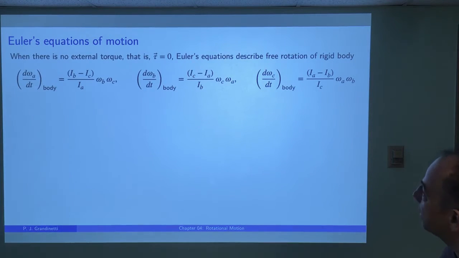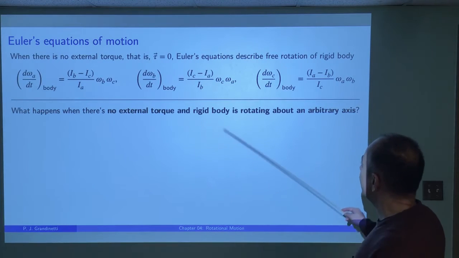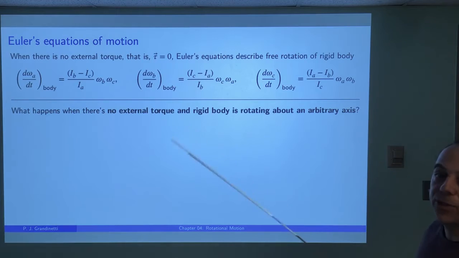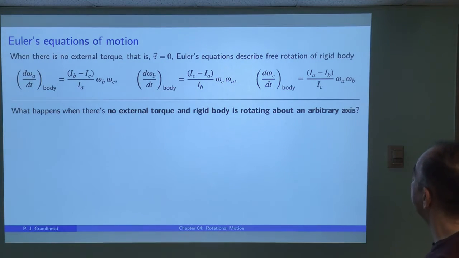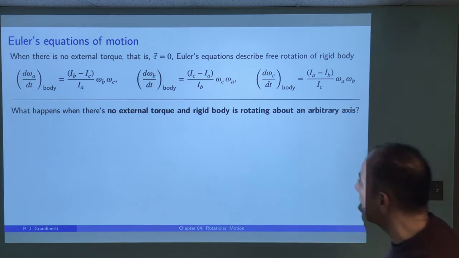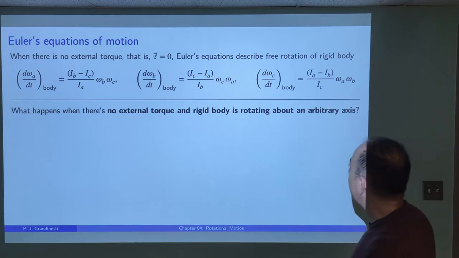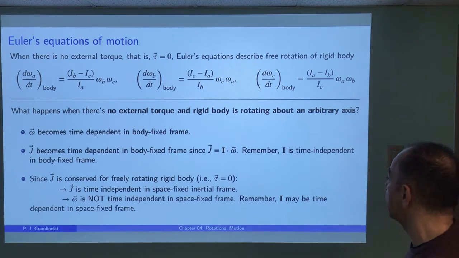Okay, now let's take a look at a different case. Let's say we have no external torque, but now the body is rotating about some arbitrary axis, an axis that's not one of the principal axes of the rigid body. Well, in that case, if we're not spinning about any principal axis, all those derivatives are going to be non-zero.